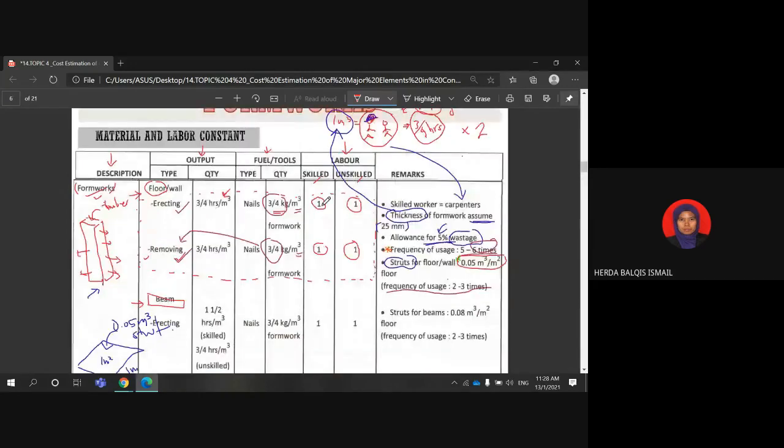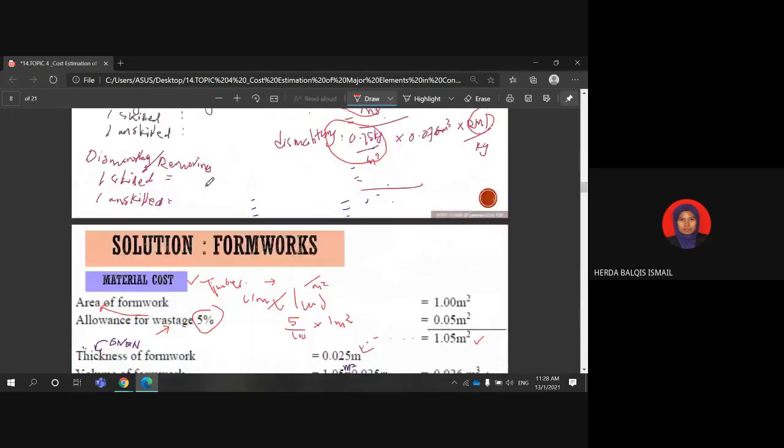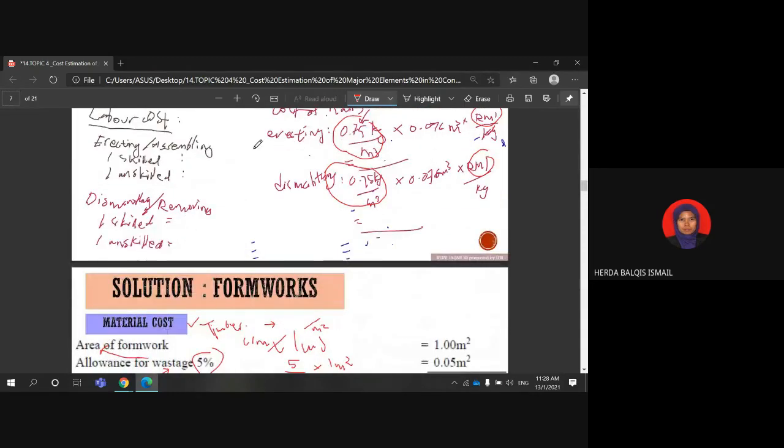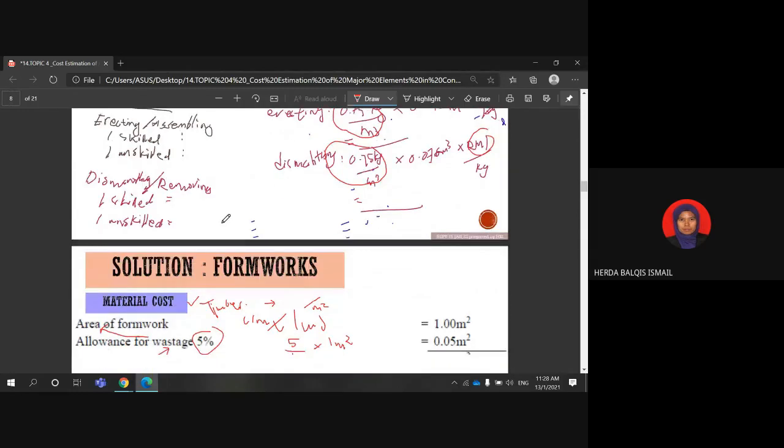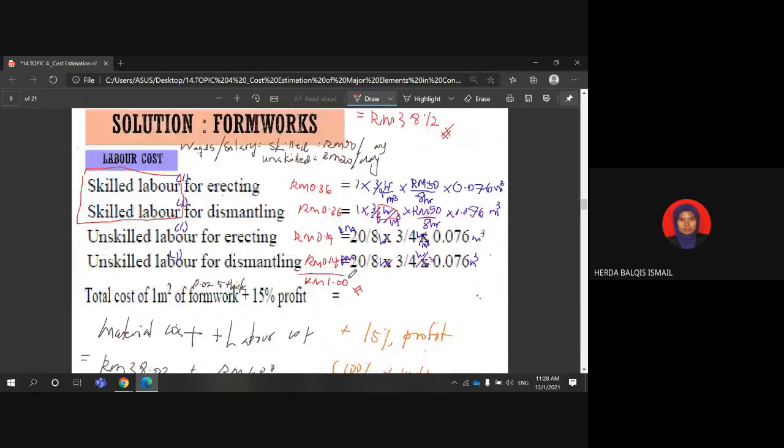The same goes for removing or dismantling the formwork. It requires the same capacity of workers, one skilled and one unskilled. You can write like this and proceed with the calculation. In conclusion, you will get the same amount, which is 1 ringgit. You can try.